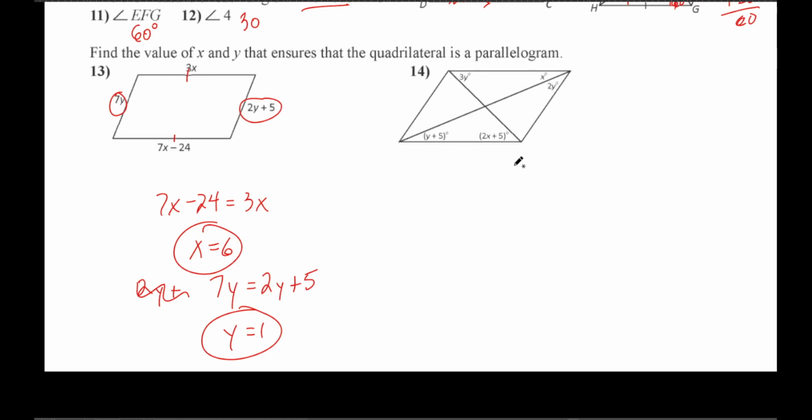Oh, I'm looking at the wrong problem. What am I doing? Let me see. Did I have a 1 point? I'm looking at my answer key. Why did I do that? 1.5x. 3y plus 1. Are these the numbers I gave you on your test?